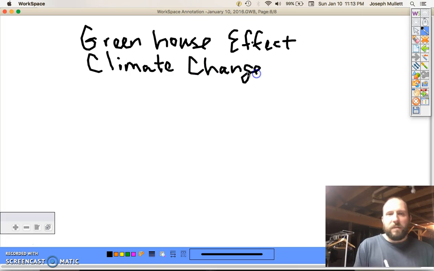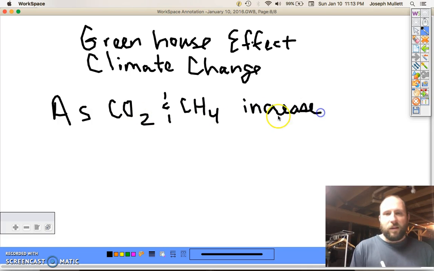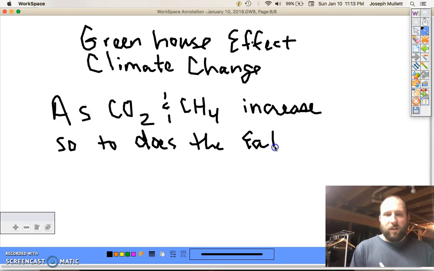And I'd be putting this in my notes as CO2 and CH4, carbon dioxide, methane, increase, so too does the Earth's global temperature.